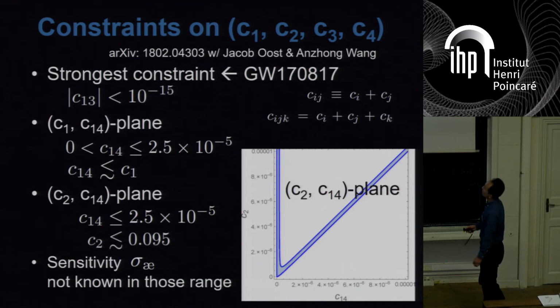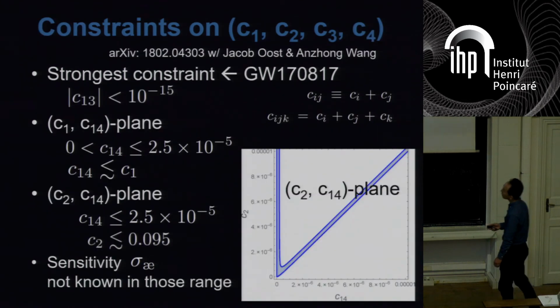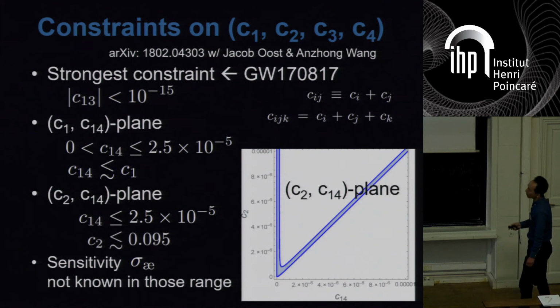Other constraints like BBN, PPN, pulsars, stability, gravi-Cherenkov, and so on, are decomposed into two categories. One of them is written in this plane, and the other one in this plane. This is a constraint on the plane of c2 and c14, and this region is allowed. On the other plane, the constraint is simple, so I didn't plot it.